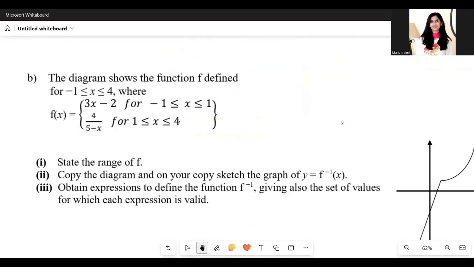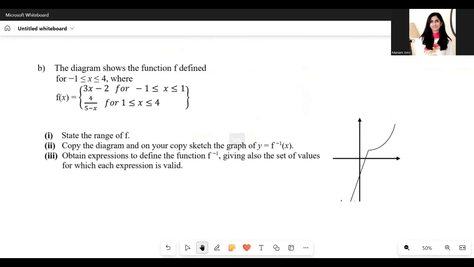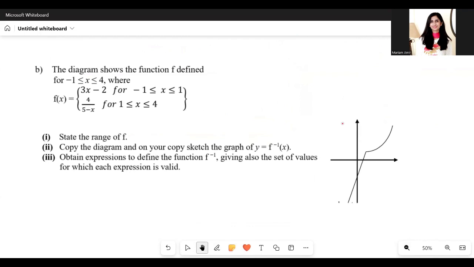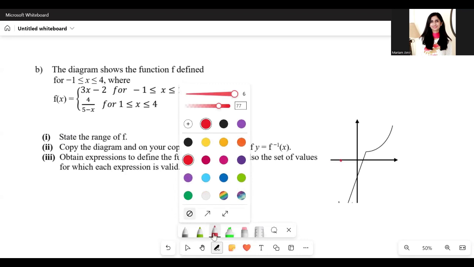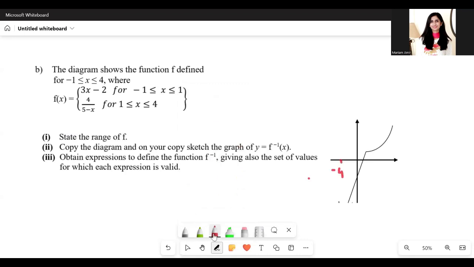Next part of question 13 is this. The diagram shows the function f defined from -1 to 4. So that means the lowest x value on the graph is -1, and the highest x value on the graph is 4. Okay.